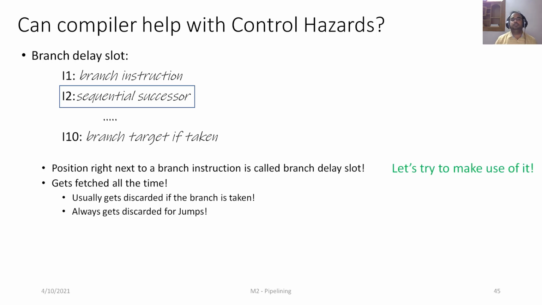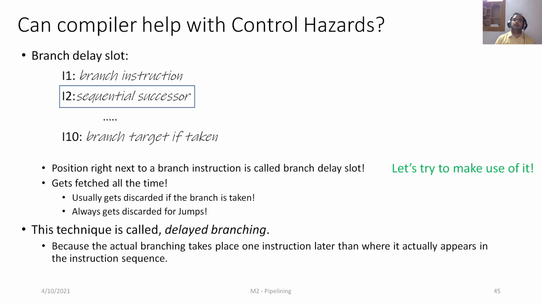So the question we have is, can we make use of this slot? Because it is always getting fetched, instead of discarding it, can we still continue its execution? So that is the concept of delayed branching. What it says is, even though the branch instruction, let's say here I1, is jumping to the target, let's say I10.